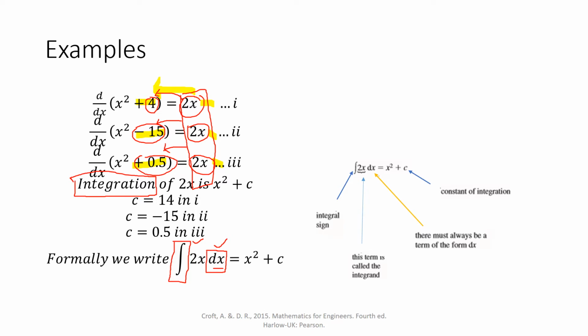So the constant of integration should be added all the time when we find an integral. This will be removed in the definite integral. When we reach there, we'll learn that there.